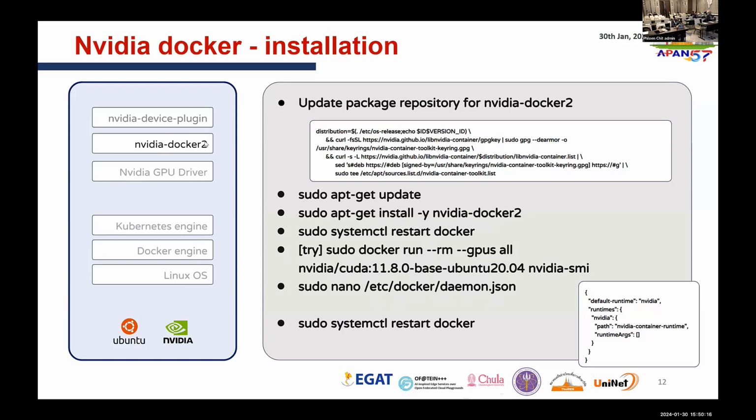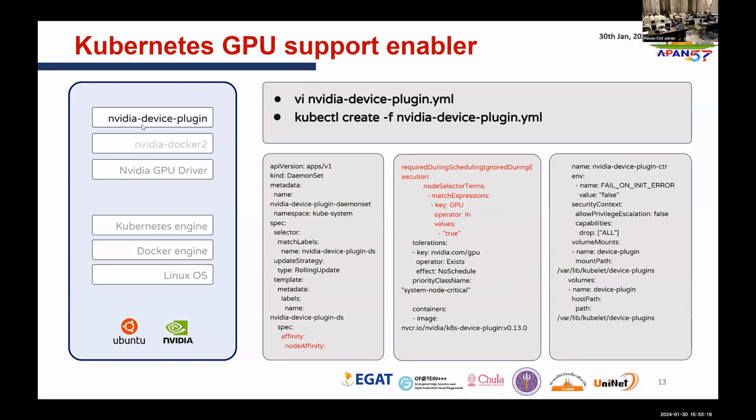Next is to install the NVIDIA device plugin. This is the magic by which the overall Kubernetes platform is able to connect to the NVIDIA Docker and also to the Docker engine. The big cluster will include many nodes, some simple nodes without GPU and some nodes with GPU.